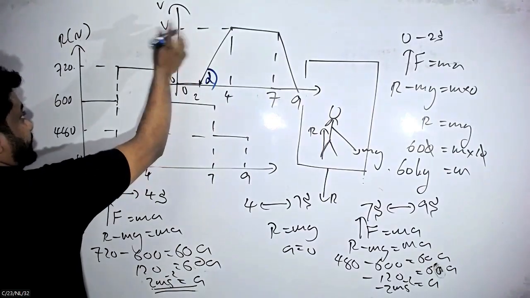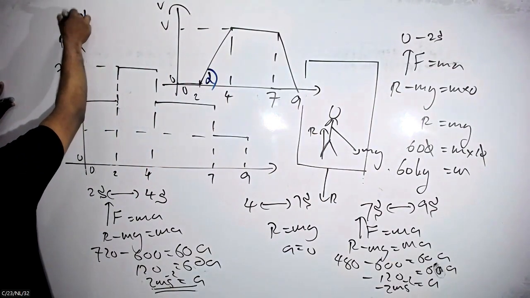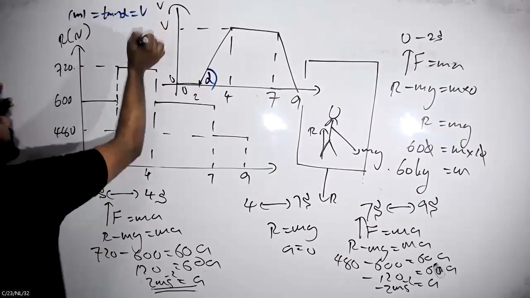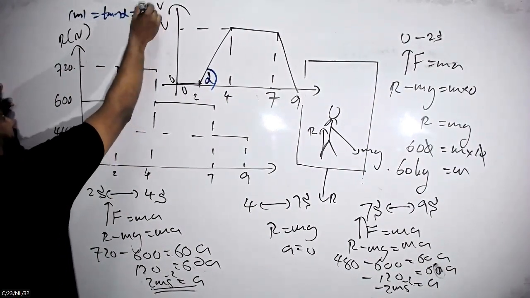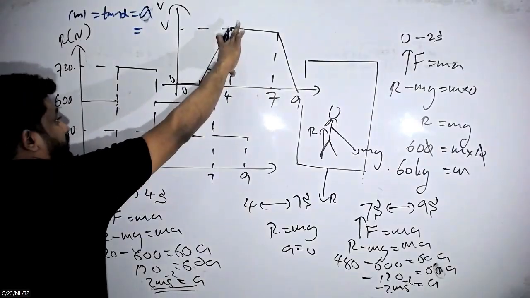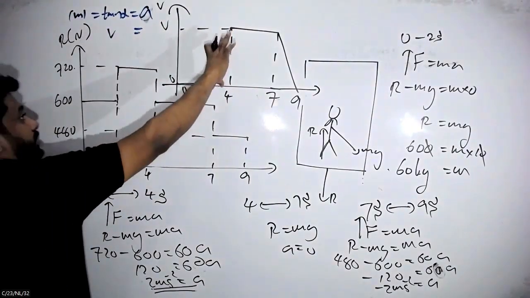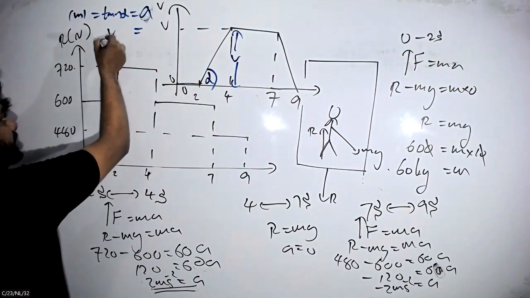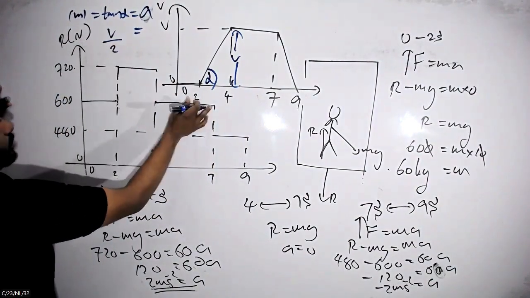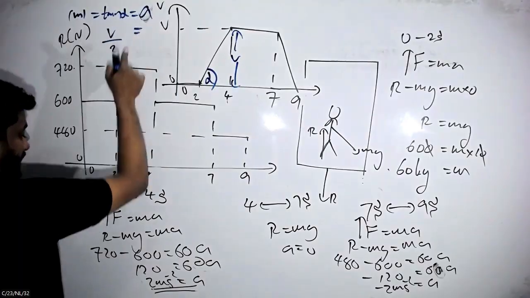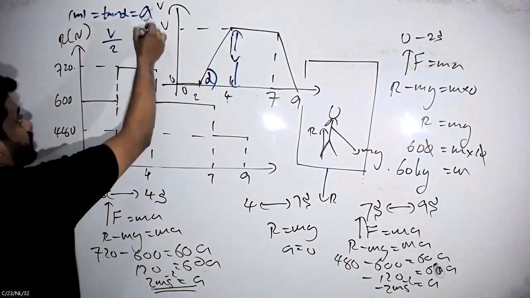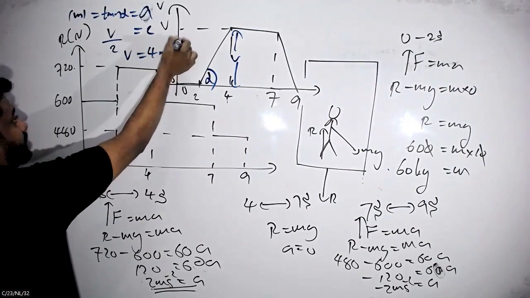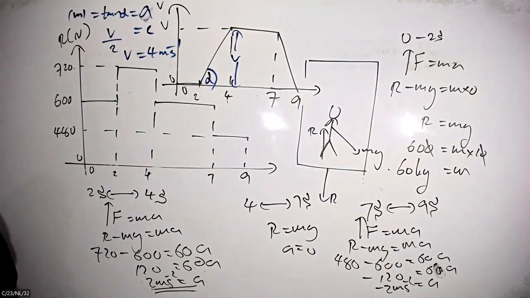Here you can write, gradient tan alpha is equal to the acceleration. Tan alpha is equal to V over T. This one is the maximum velocity. V over the time interval, 2 seconds, 2 to 4, no? Acceleration 2 meters per square second. Then you can obtain the maximum velocity. It is equal to 4 meters per second.